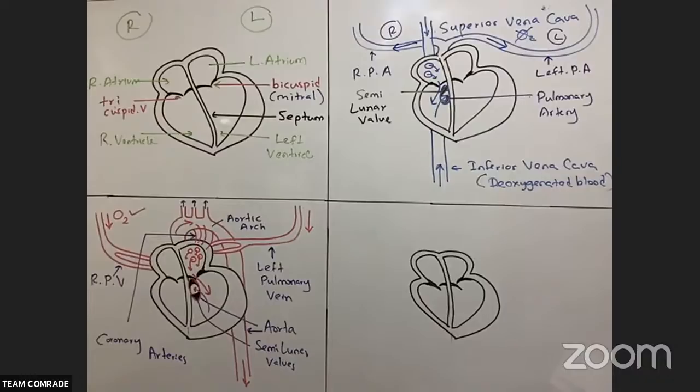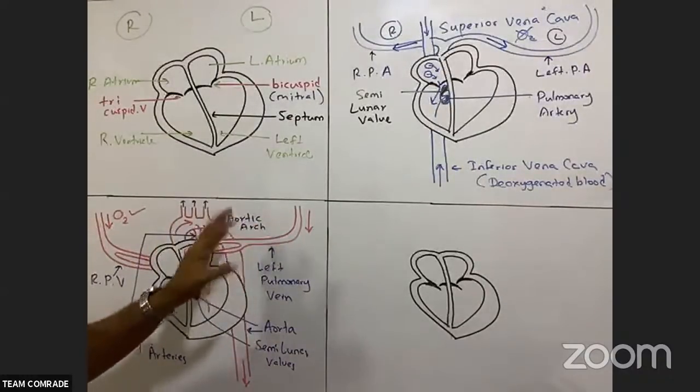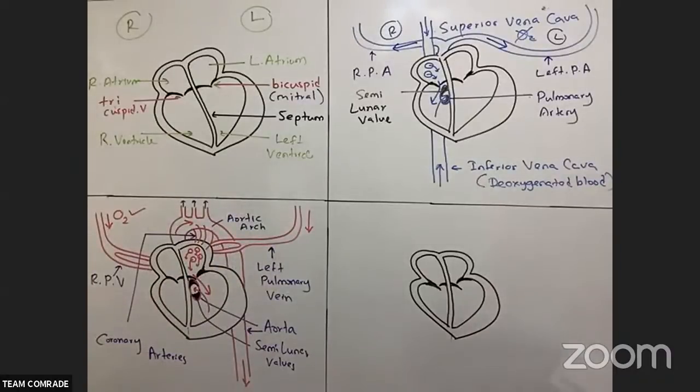Sometimes when they ask, what is that? You can name it as aorta, inside brackets, aortic arch, so that they know that you know the heart well. That is an arch, that is the aortic arch.